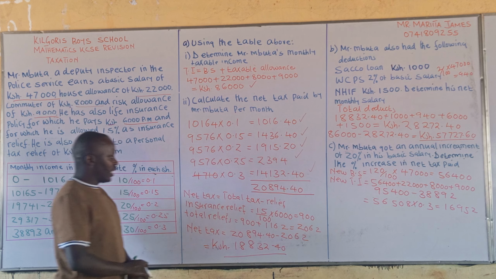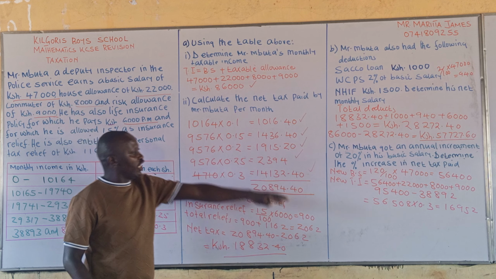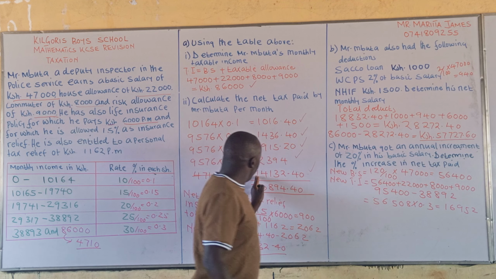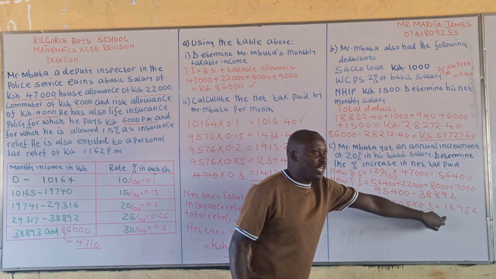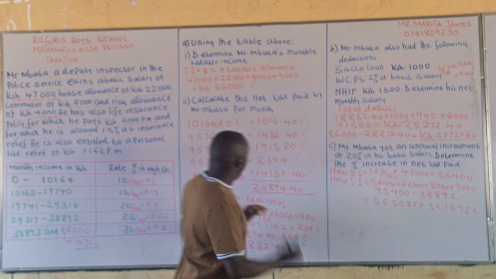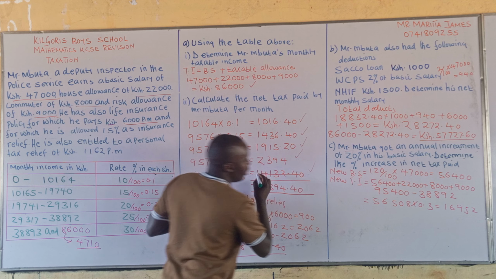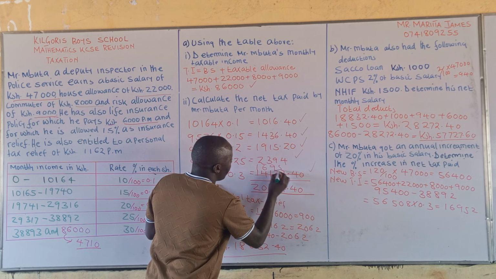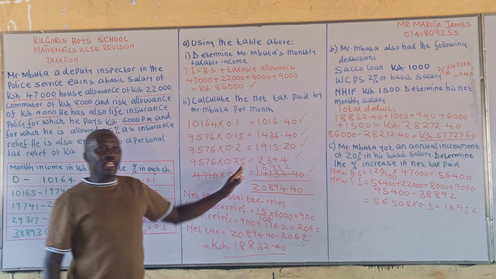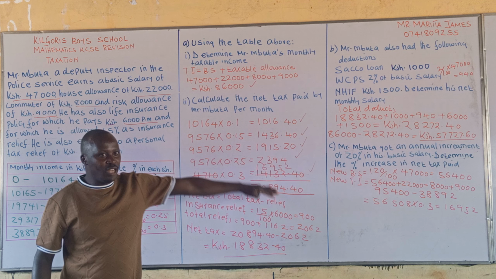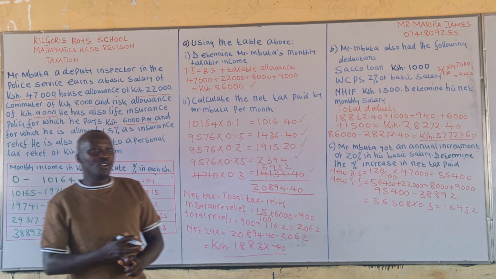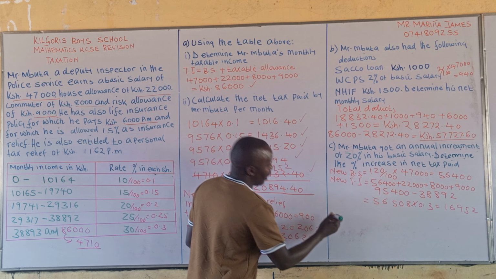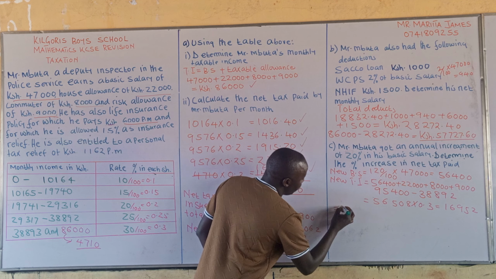If we tax at that point, this value changes from 14,000 to 16,952. So instead of the earlier value, we replace it and add this 16,952. If you add all those values, you will get a new value of 23,000.